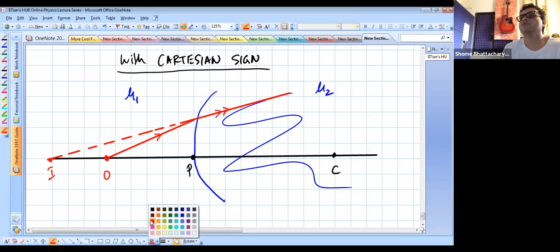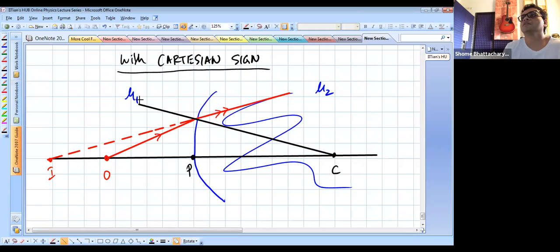And in this whole diagram, of course, the normal is this. Anyway, so this point was our Q. This was our angle of incidence, this whole angle, whereas this was our angle of refraction.